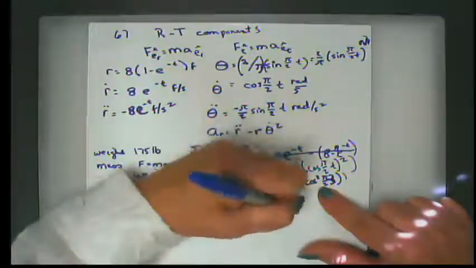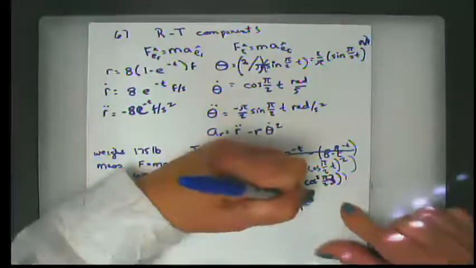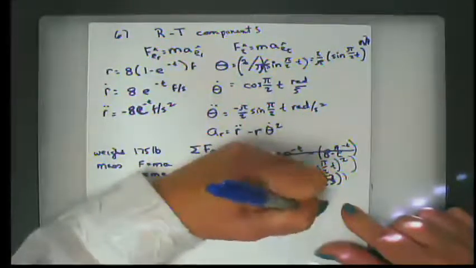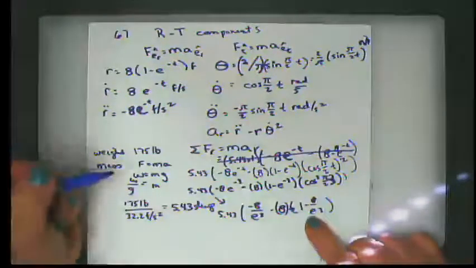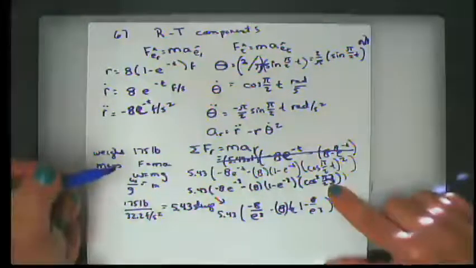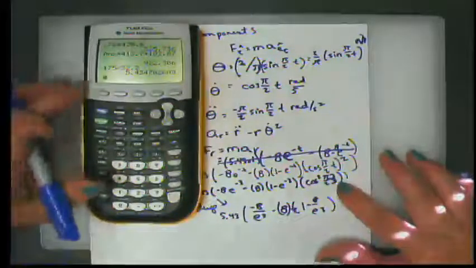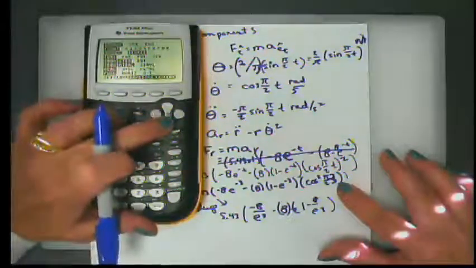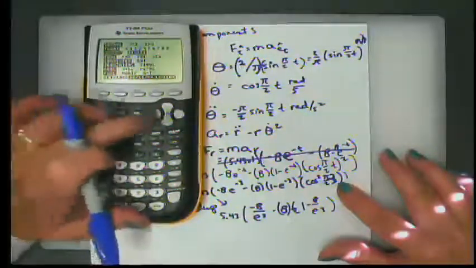Eight times 1 minus the quantity 1 over e to the third. So I might have something that can simplify there. Now this is just going to be a number. So if I take my calculator and I put it in radians, so I'm switching to radians.